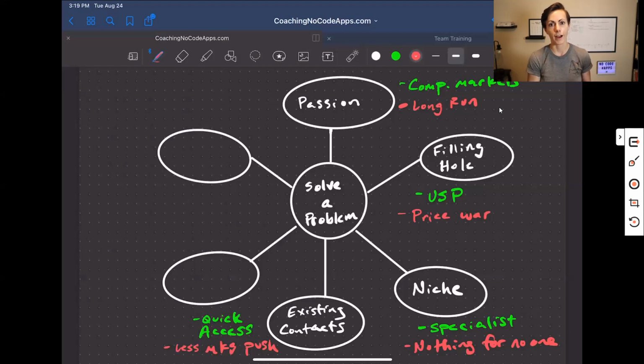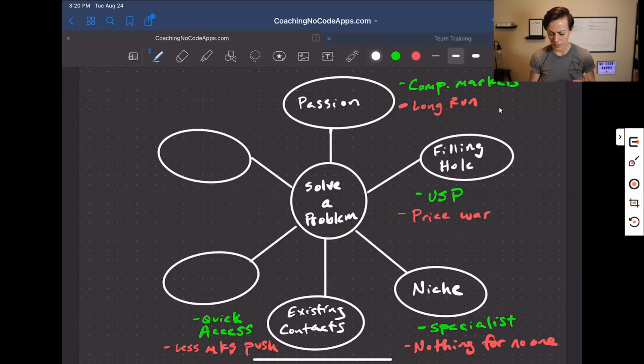When you don't have some initial group of default users or some existing contacts who you could turn into your default users, then you do have to put a lot more time into figuring out how you're going to get your first users, obviously. And it's just a hard thing to balance. And especially if you've never launched an app before, and if you have also never built a user base or a customer base before, trying to do both of those things from scratch at the same time, it's not easy. So having existing contacts can help you a lot with that.